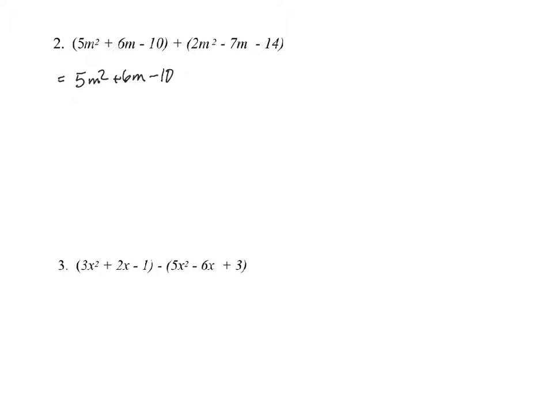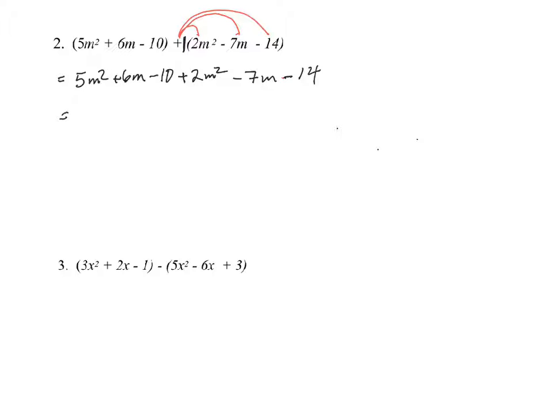If there is strictly a 1 sitting in front of a bracket with a plus sign, we can look at it as a plus 1. So imagine we take the plus 1 and multiply it by 2m squared, which is just plus 2m squared. Then we do the same again for plus 1 times minus 7m, and that's minus 7m. And once more, plus 1 times negative 14 is negative 14.